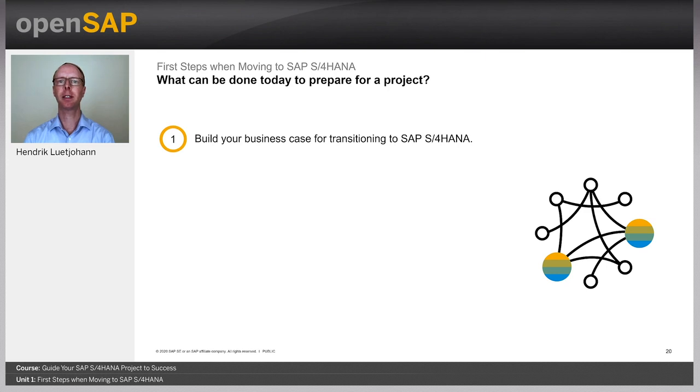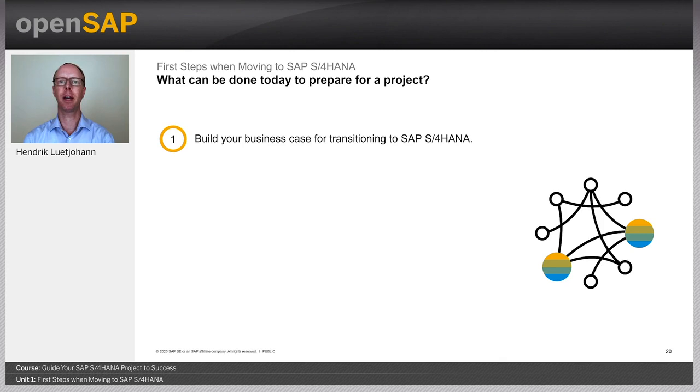Preparing your business case applies to any customer planning to transition to SAP S4HANA. You should be clear why you're going to do the project and what the expected outcome is. In case you plan to run the first part of the move to SAP S4HANA more as a technical transition, then make sure you explain when the business can expect changes and additional capabilities.